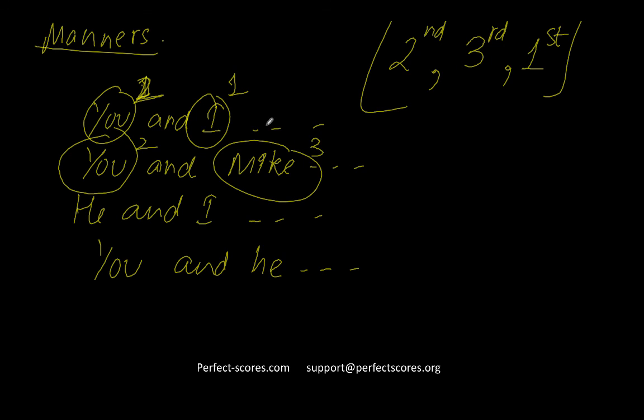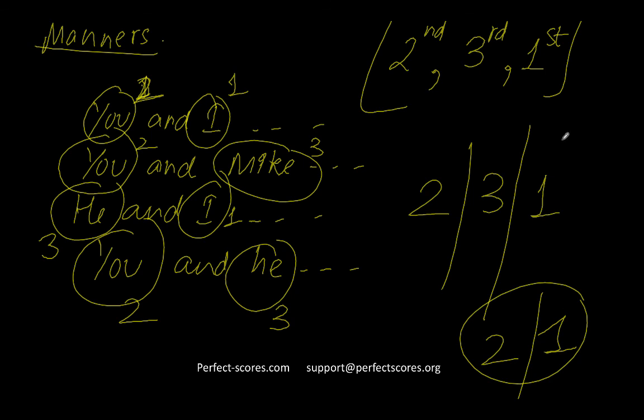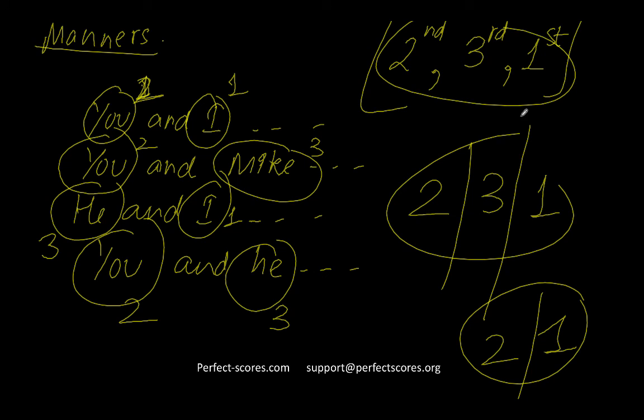So we're talking about a third person who is not in the conversation. So you always put second before third. He, which is number 3, third kind of pronoun. And then I, which is the first person pronoun. So again, 3 will come before 1. Similarly, you and he, 2 will come before 3. So just remember this order. 2 comes before 3 and 3 comes before 1. Or in other words, 2 comes before 1. So just remember this little code 231 and you should be able to figure out how to write all of these things.